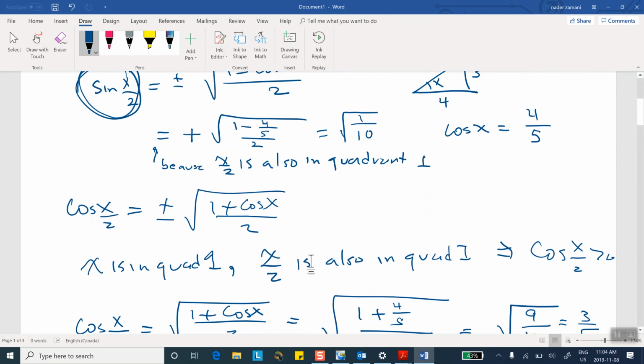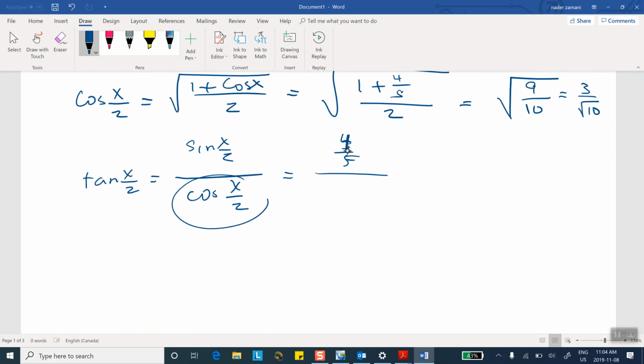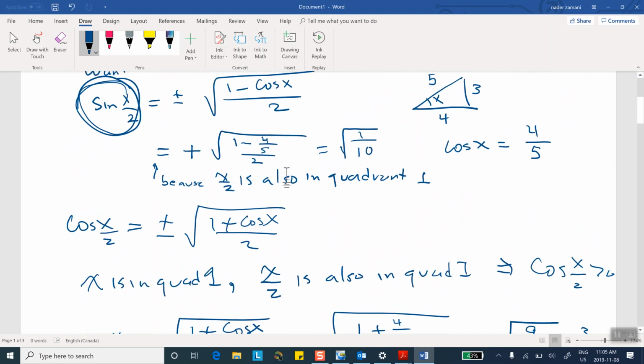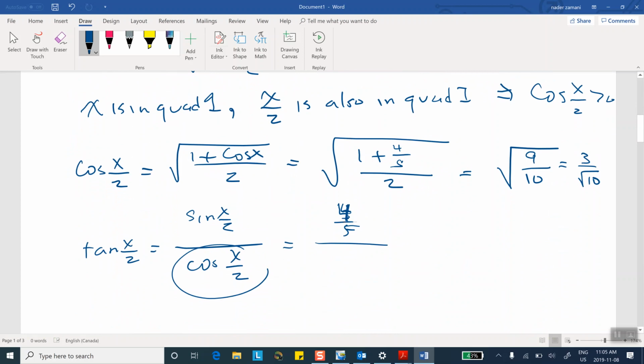Sine of x over 2 we calculated, it was 4 over 5. And over here, is that what I got? No. There it is. This is wrong. We just did this, right? It came out to be 1 over root 10.